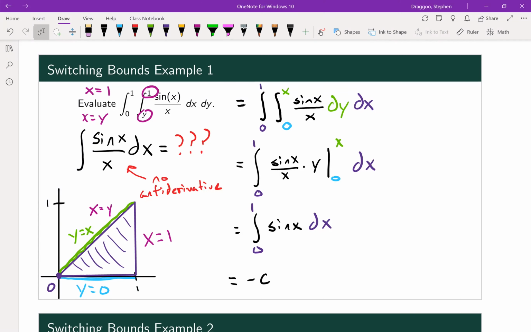So we'll just go ahead and plug everything in right away, because this one's not too complicated. Negative cosine of 1, if we plug in the upper bound, minus negative cosine of 0, if we plug in the lower bound, and cosine of 0 is 1. So negative cosine of 1 plus 1, or 1 minus cosine of 1, if we wanted to rewrite to have a positive term first.